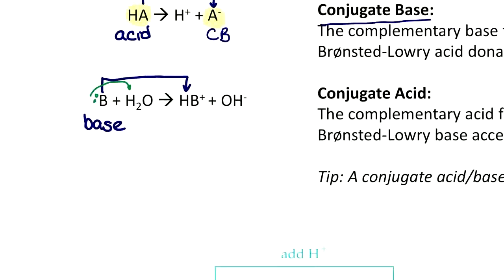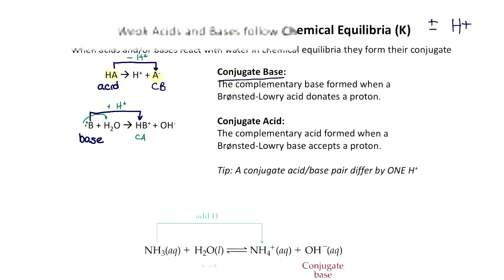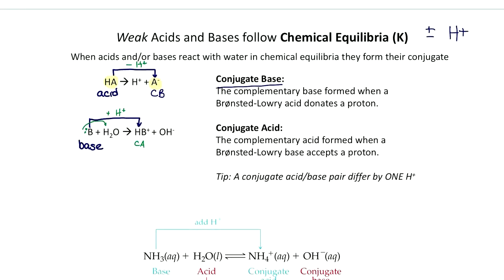And you create this HB+ cation, and this is what we call our conjugate acid. Right, so that HB+ can behave like an acid depending on what kind of base we're putting into water. All right, so again, see how these two things differ by the addition of just one H+ cation. And then you see the hydroxide that's made there that indicates that this is a base. All right, so all these conjugate acid-base pairs always differ by just one H+.